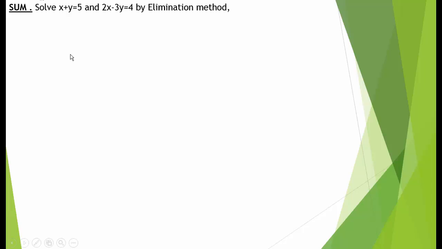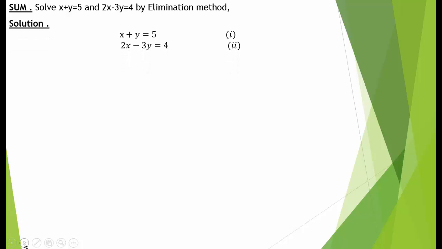If I make the coefficient of y equal, here the coefficient of y is minus 3 and here the coefficient is 1. So to make the coefficients equal, I have to multiply this equation by 3 so that the numerical values of the coefficients become equal.